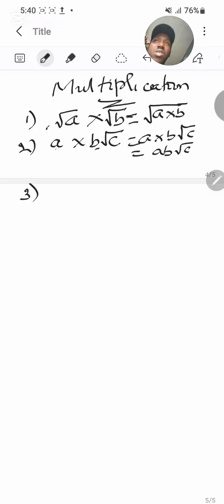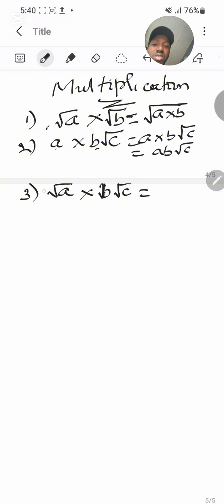So the third law, another one, is if I have root A times B root C. Now, if you look at this, anytime you have roots, you will always multiply roots.